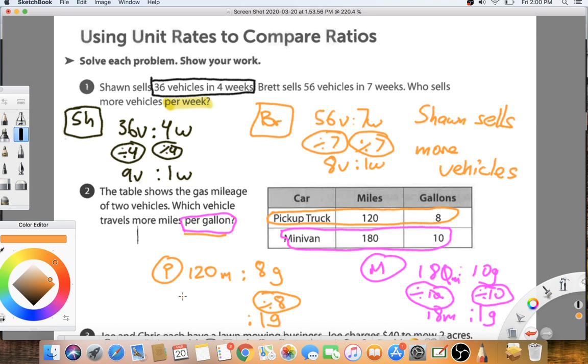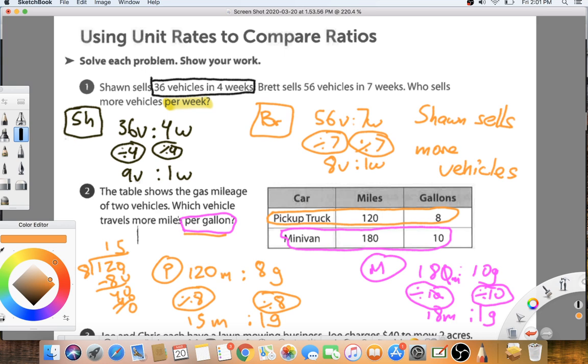You divide it by 8. So we're going to do that to both sides. For this one, it's harder to do in your head, unless you know 8 times what gives you 120, but we're going to divide 120 divided by 8. 8 times 1 is 8. 4 left over, bring down the 0, 40. 8 times 5 is 40, so that means it would be 15. So it would be 15 miles per gallon.